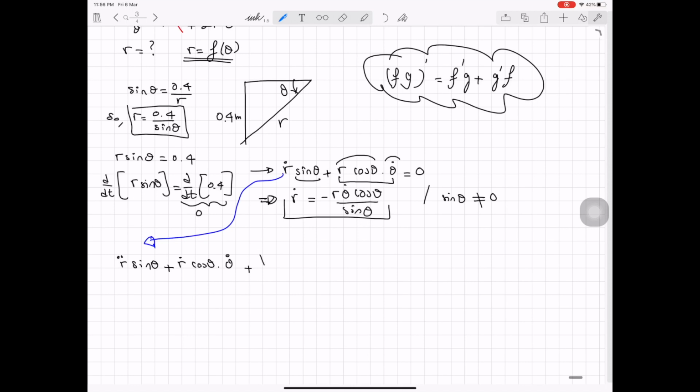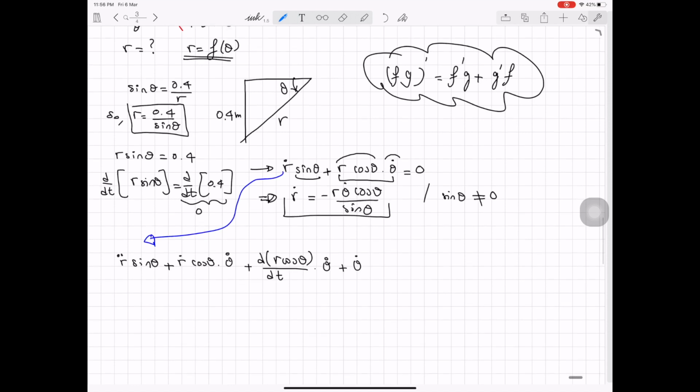So what we will get, d(R cosine theta)/dt times theta dot plus, we put here theta dot, then we multiply theta double dot, then we multiply it by R cosine theta. Of course, this will be 0. We just put here the 0.